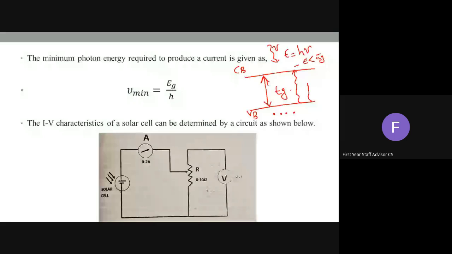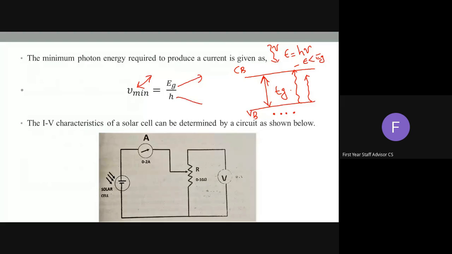So in order to produce current or a potential difference in the circuit, the incident light should have energy greater than the band gap of the semiconductor. For a silicon PN junction, the energy should be greater than the band gap of silicon. The minimum frequency of light needed to produce a current in a solar cell is given by Eg by h, where Eg is the band gap and h is Planck's constant.